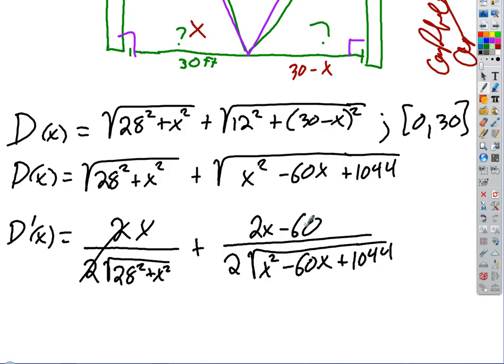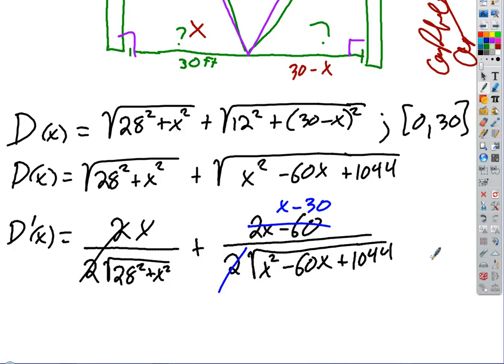Couldn't we factor a 2 out of that and cancel the 2's even? Right, let's do it. So we could make this instead an x minus 30. Make sense? Okay, yes.